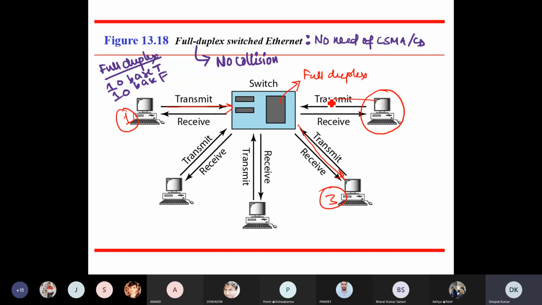Another node can also transmit and receive. The switch has the capacity to transfer the data from one node to another node at the same time for multiple nodes. So this is another kind of network implementation where a modification has been done.